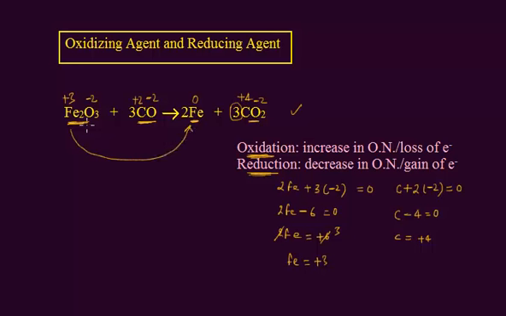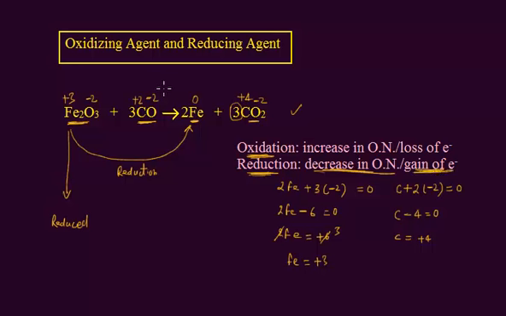Well, the oxidation number of Fe is decreasing from +3 to 0, and a decrease in oxidation number is considered as a reduction reaction. I put here reduction. It means that Fe is being reduced in the reaction. It means it is gaining electrons.